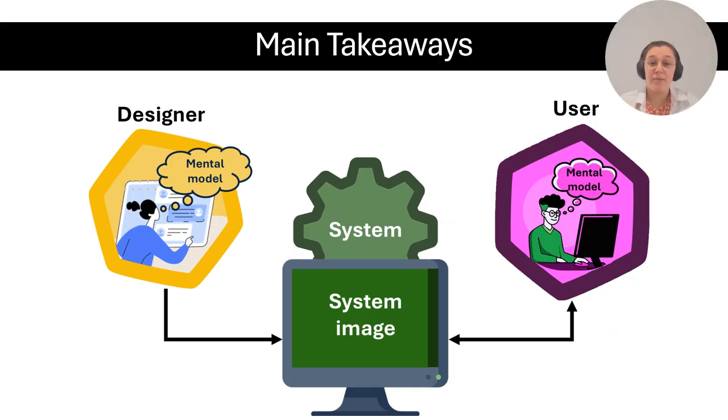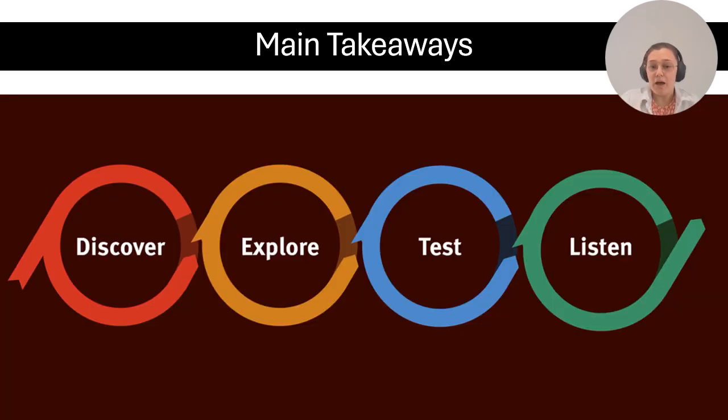So the main takeaways: think about the mental model. Is the technology being designed around your mental model? Is it able to facilitate your understanding of how the technology works? Are researchers involving you at each of these design stages?